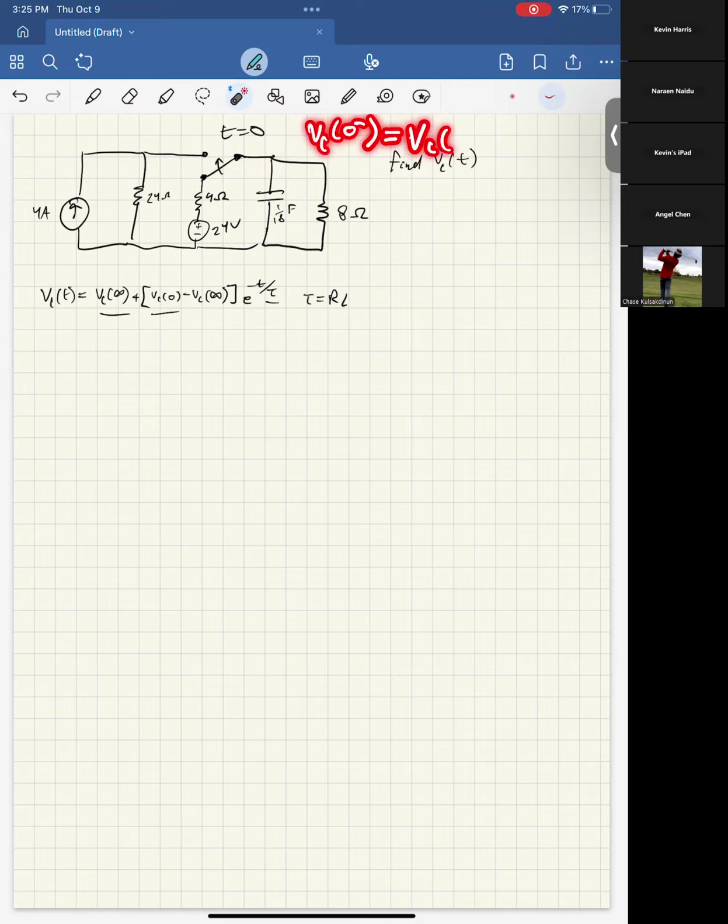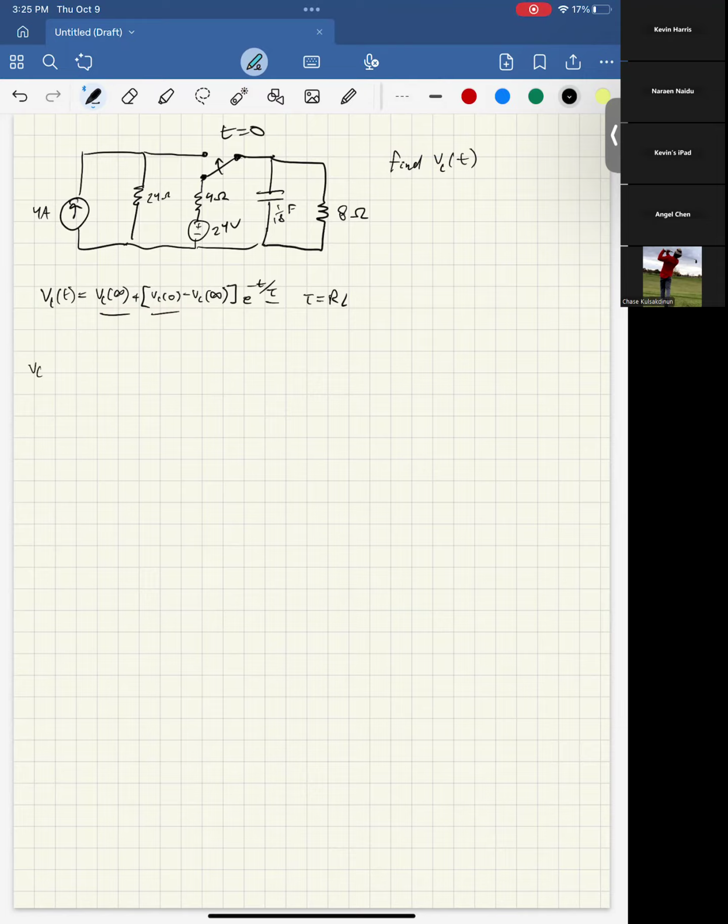When the switch changes, the voltage does not change instantly. What that looks like is we just solve the circuit twice and find VC of 0 and VC of infinity, with the switch in the two different states, and for both states we assume that the capacitor is an open circuit.